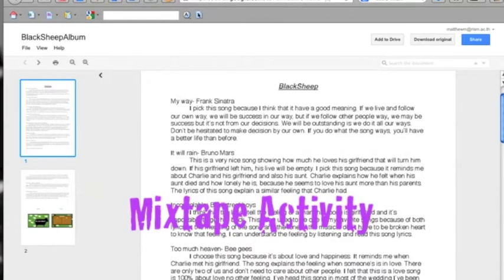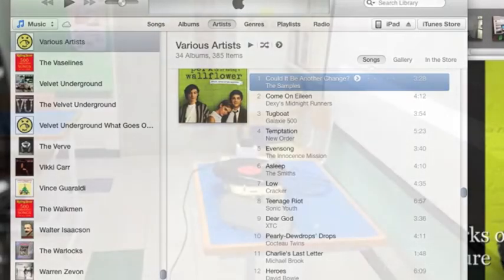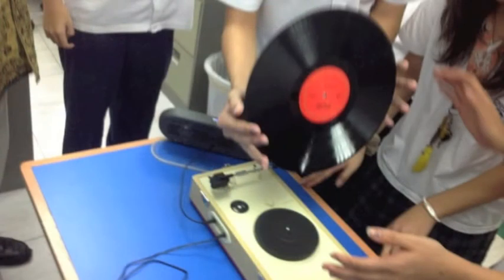In the movie, there's a mixtape that Charlie makes for his friends. Utilizing that idea, I had the students use iTunes to create their own mixtape, their own playlist, and then write about the songs they chose and why.